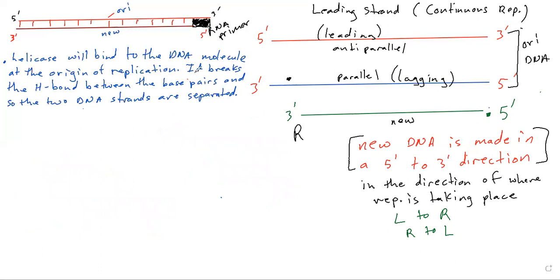When these strands are separated, the hydrogen bonds can actually reform to give you back the double helix.